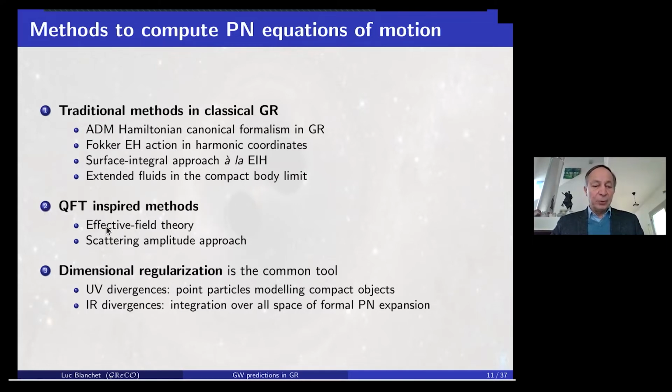Now we have the quantum field theory inspired methods that are more recent. I will mention this method a little bit later. And in all these works, dimensional regularization is the common tool for solving the problem of divergences.